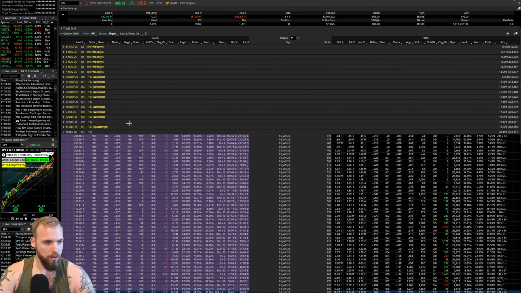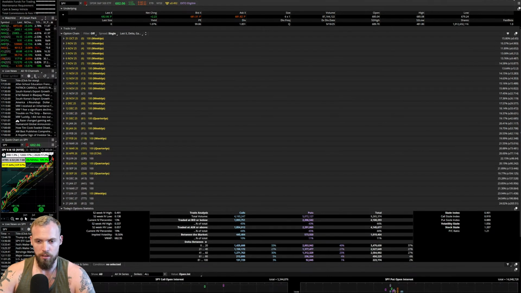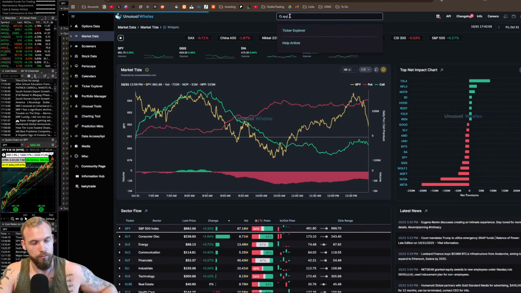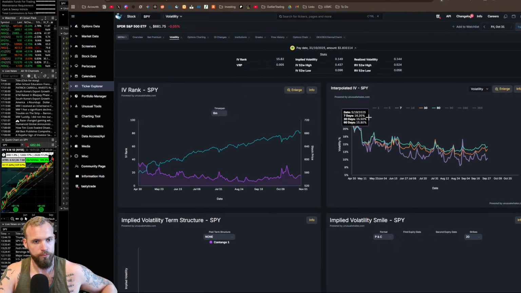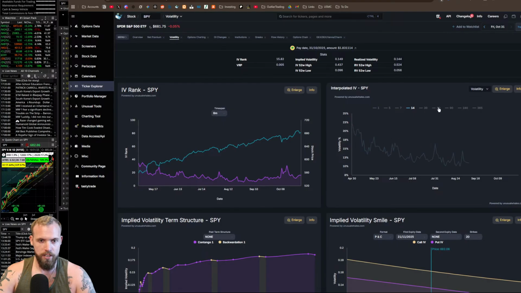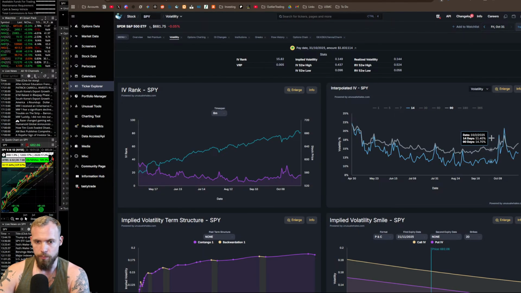So to give you a visualization of this, if we go into SPY and we check out vol, and we just look at raw changes in vol, I'm going to do the 14-day term, and then I'm going to do the 90-day term. What do you notice? They move very differently. So let's take, for example, this spike in vol that occurred from the 8th of this month. Vol went from 10.7 to 18.